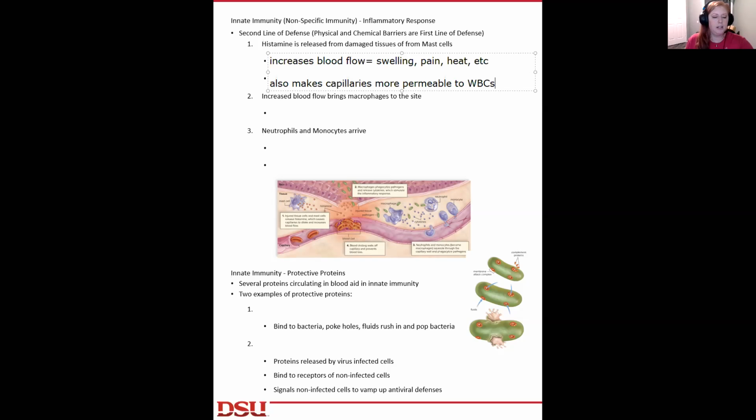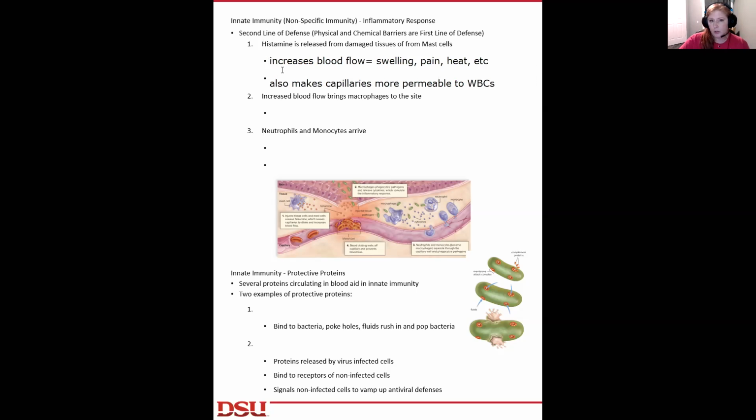In other words, it lets the white blood cells flow in and out of the capillaries with more ease, which is needed because those white blood cells are using the capillaries and the blood vessels as a subway system to reach the site of the injury. So again, histamine is released from damaged cells or tissues or from mast cells. The histamine causes this increased blood flow, and it makes the capillaries more permeable to white blood cells.